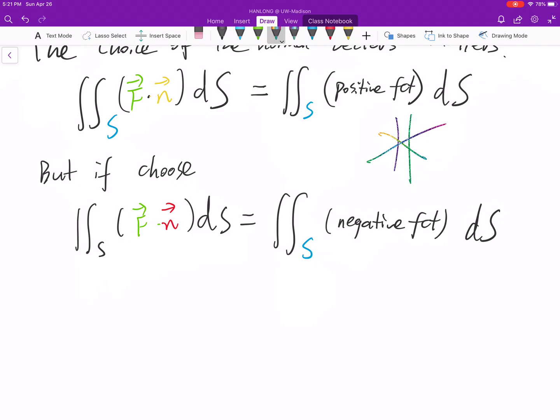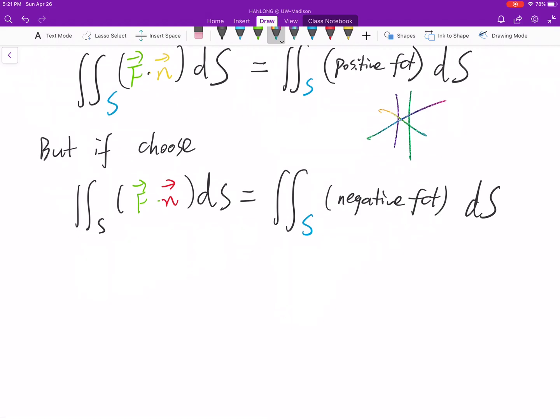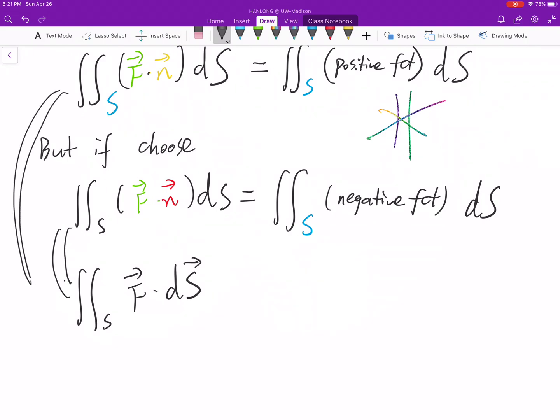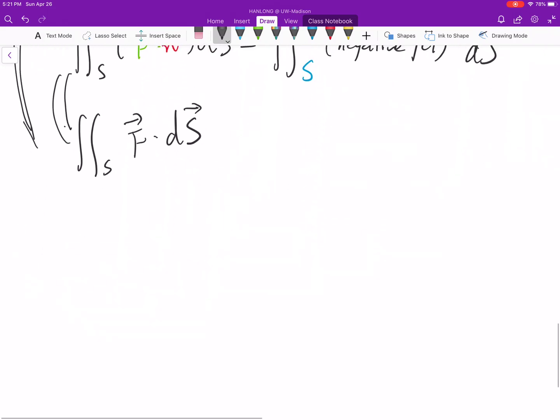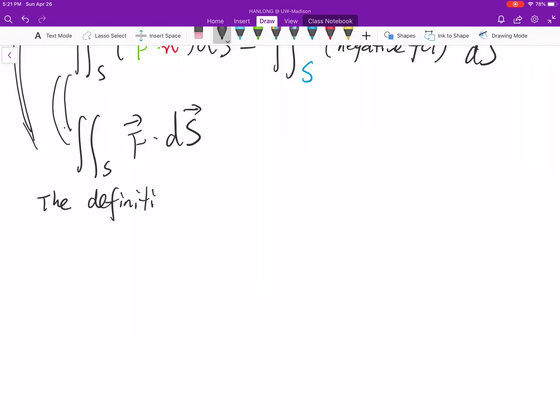But on the left-hand side, they both represent the original surface integral before introducing the extra geometric quantity, the normal direction. So they should be the same. So this is the first problem, the definition lacks something. Something is missing.